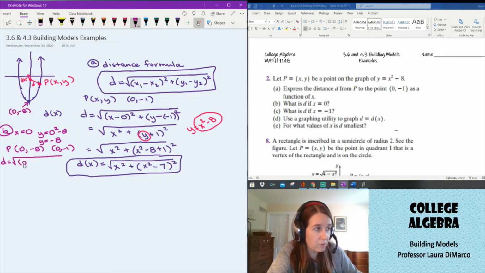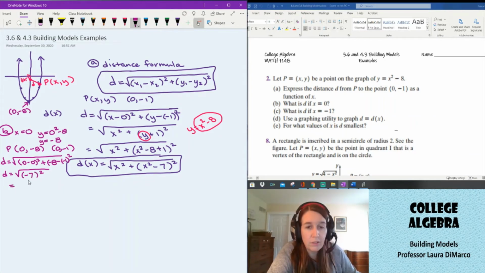For the x's, we're doing 0 minus 0 squared plus, and for the y's, we have -8 minus -1 squared. The 0 squared is 0, and -8 plus 1 is a -7 squared.